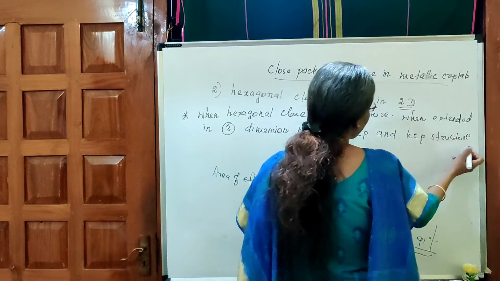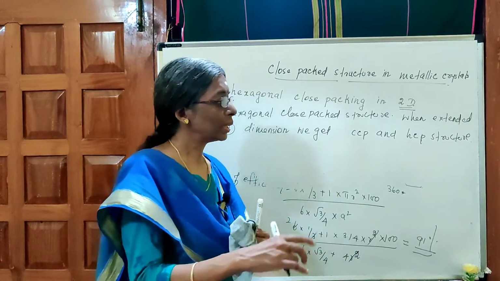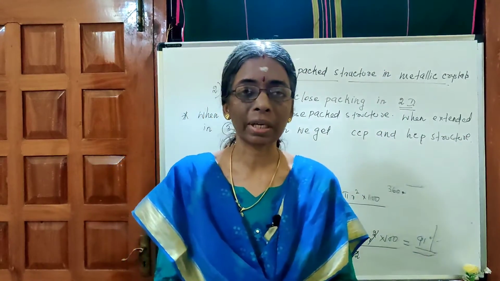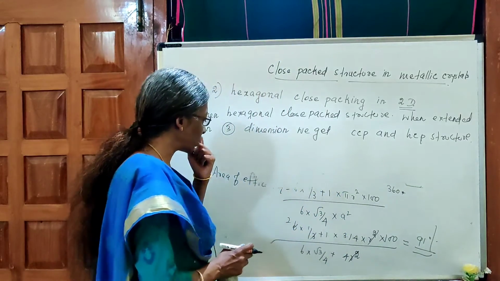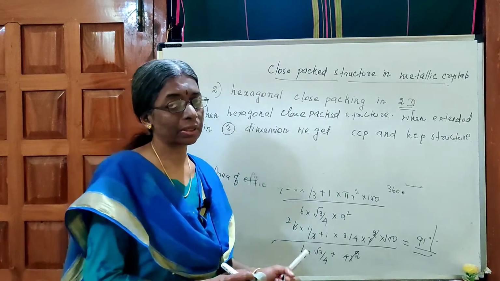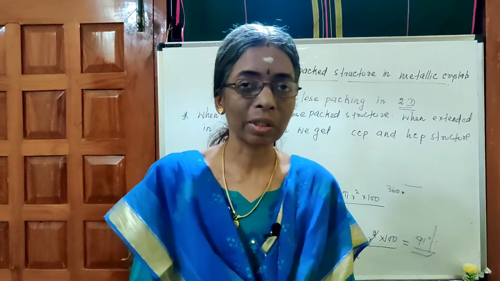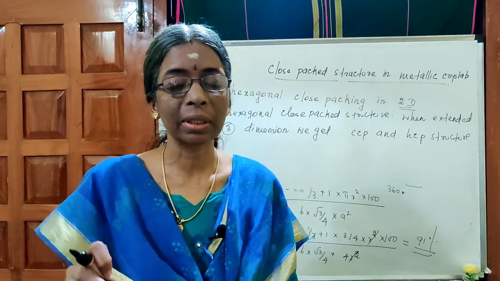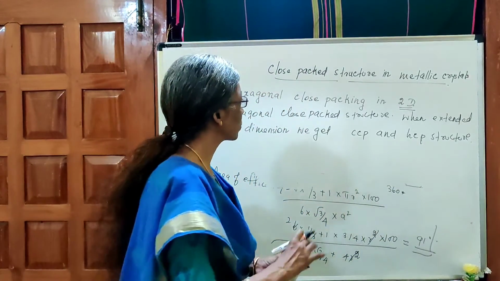This is the base structure for the CCP and HCP structures. Children, don't get confused: this is area efficiency, not the volume packed by the spheres. It is the area efficiency, the efficient packing. So these two are finished.